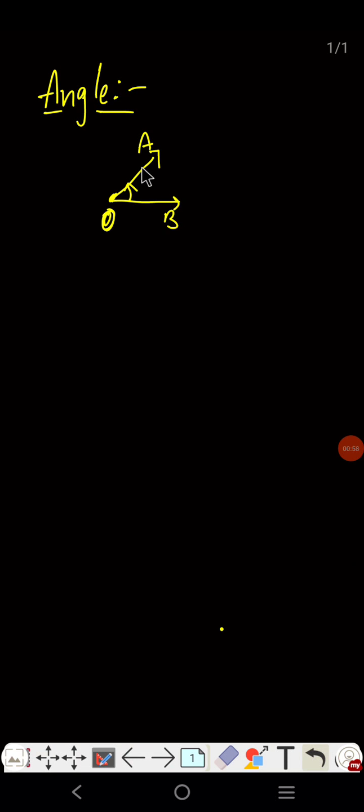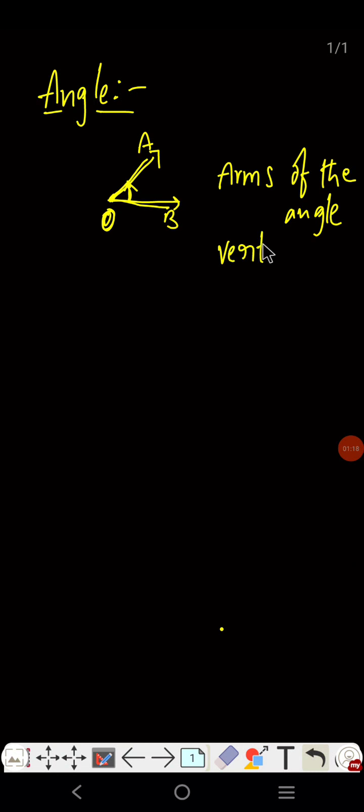For this angle the rays OA and OB are called the arms of the angle, and O is called the vertex of the angle.